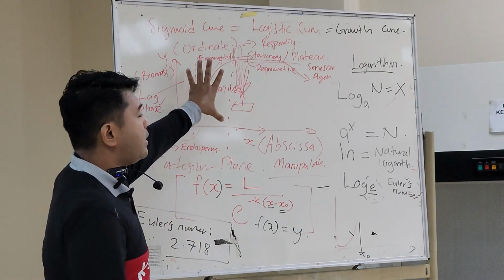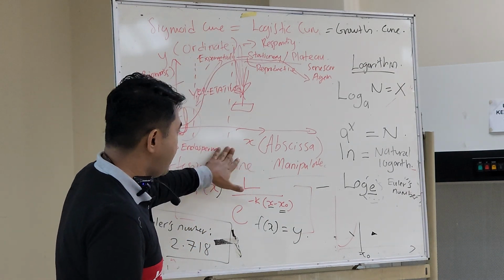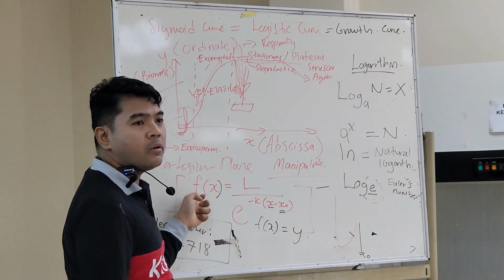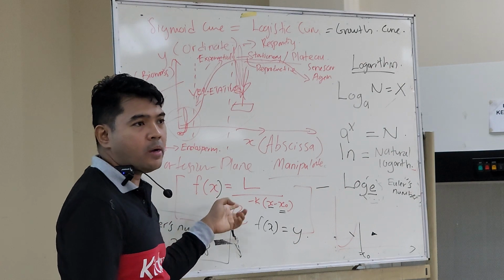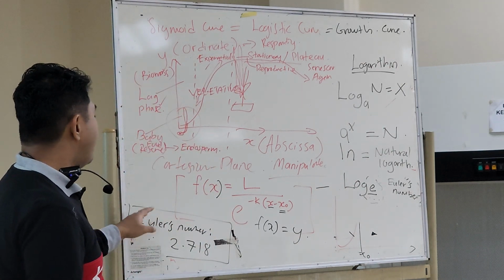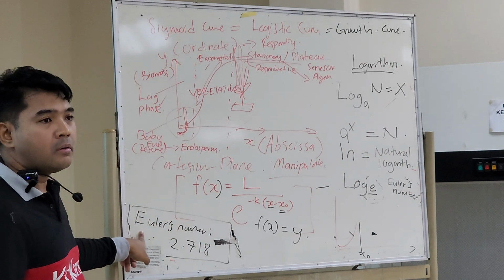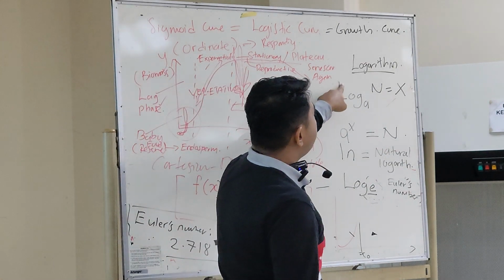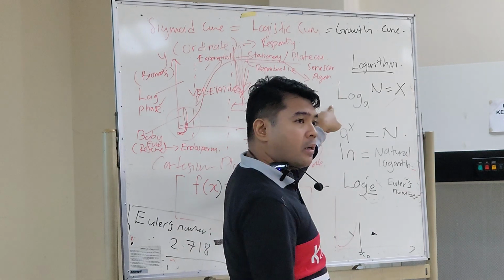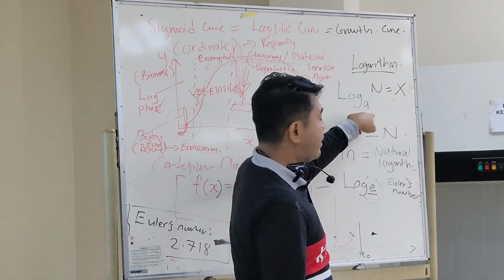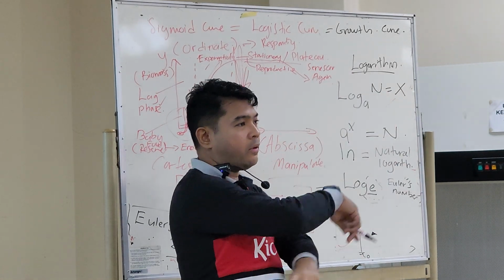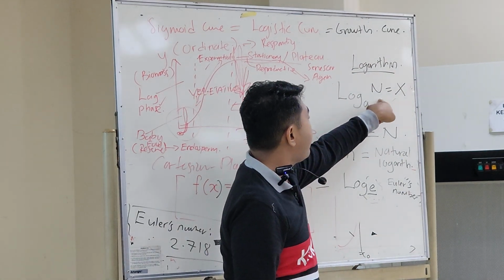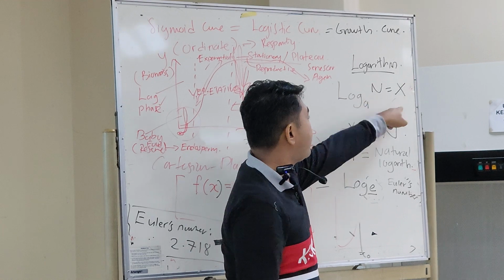You understand the curve. You understand about the axis. You understand about the function. Y is what, X is what, slope is what. You understand there is a constant called Euler's number, and then you remember again about the log. If log is in this regular form, you can reverse it to become this way. Log a to n equals x.